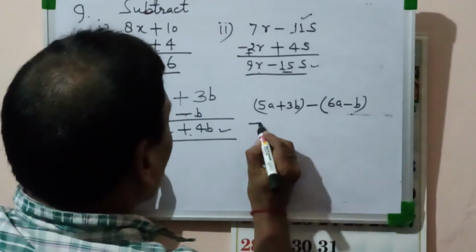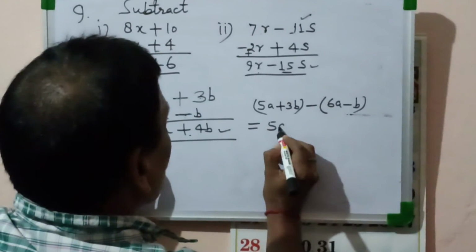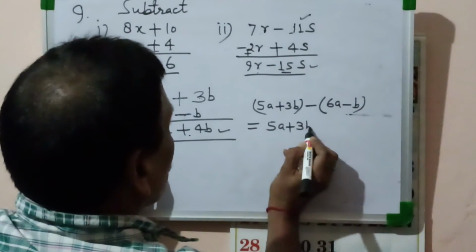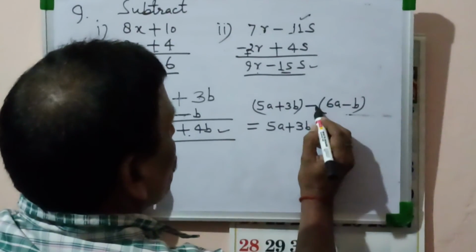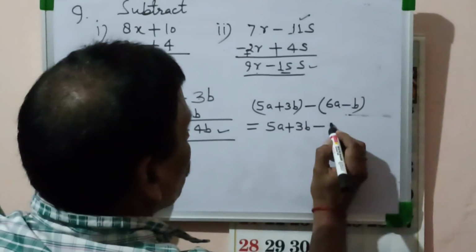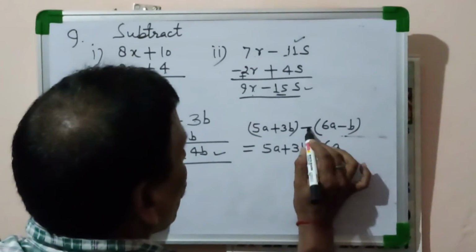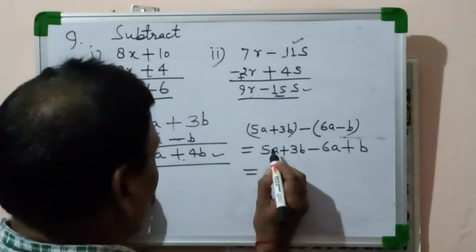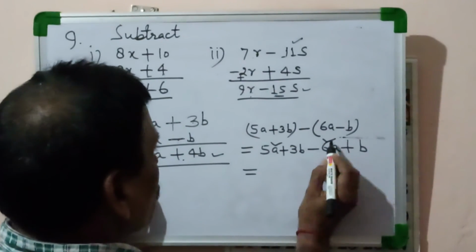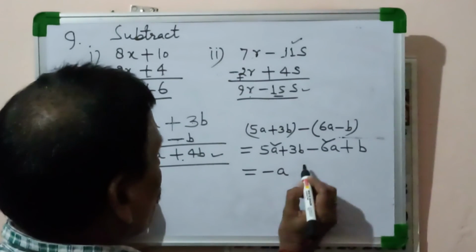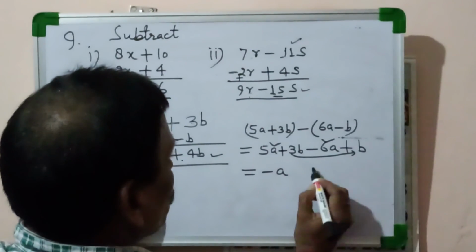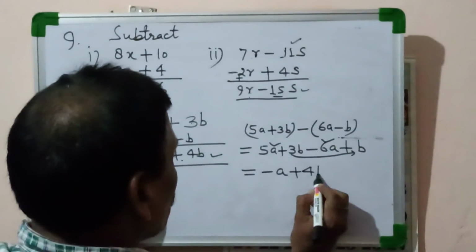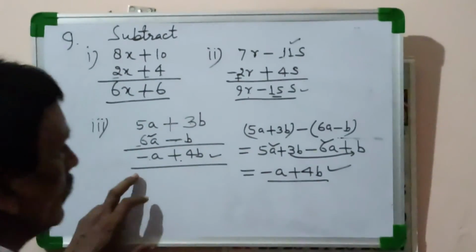It will be more clear there. 5a plus 3b, and open the bracket, it will become minus 6a, minus and minus will be plus. So 5a minus 6a is minus a, plus 3b plus b is 4b. So in this way also you can do this.